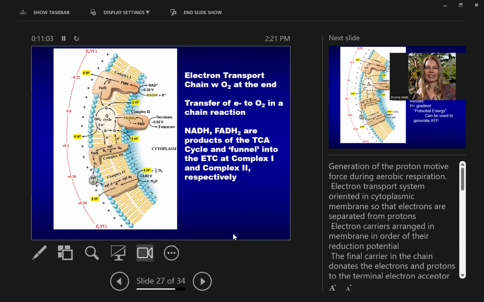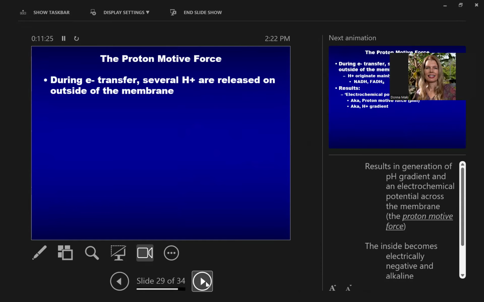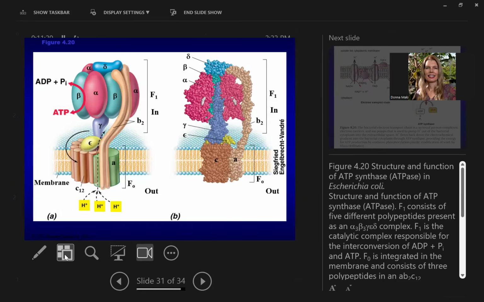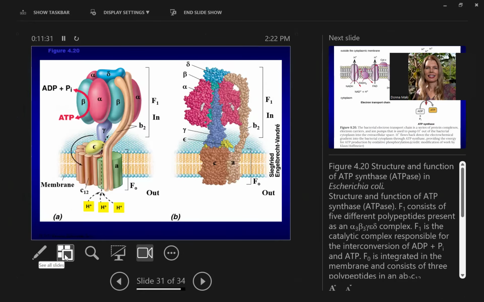Most of the time, E. coli is going to choose to make ATP. But proton gradients can do different things for the microbe. It's not always ATP, but in this case, and again, the artist should have put the ATP synthase here, that's a huge goal of the electron transport chain: to get the protons diffusing through the ATP synthase.